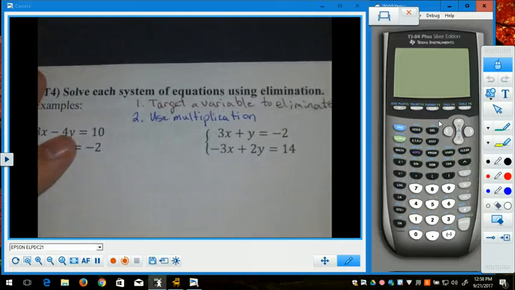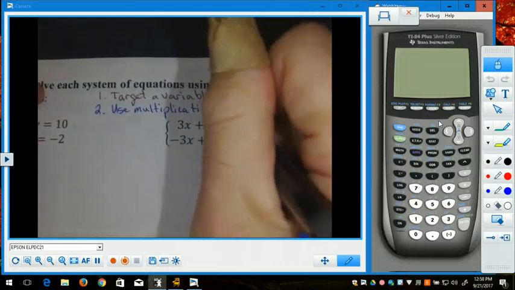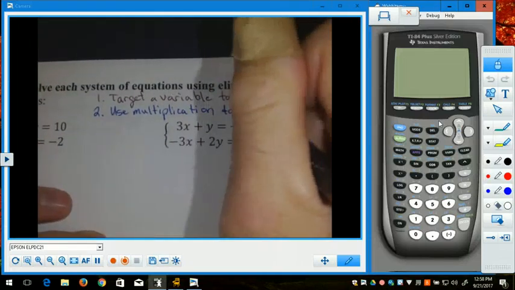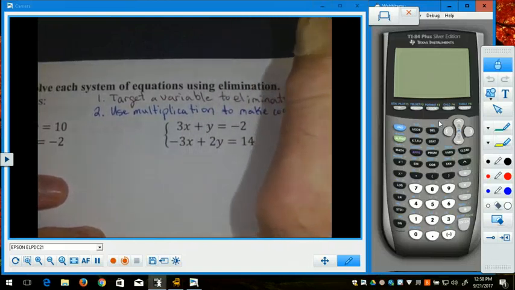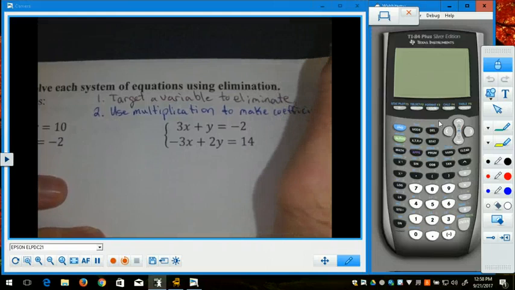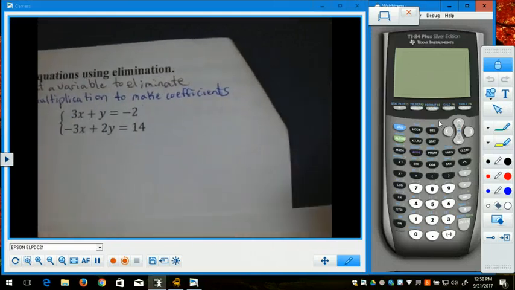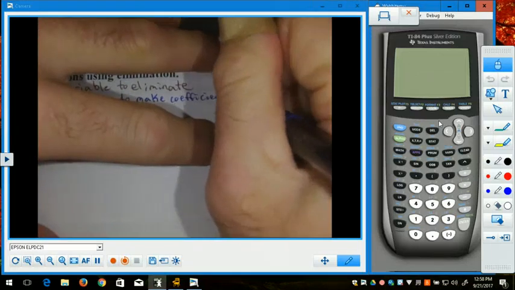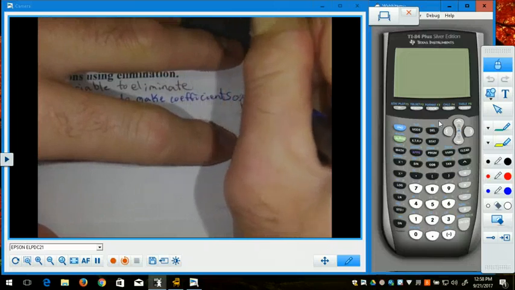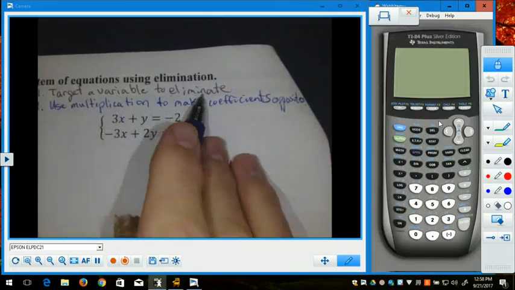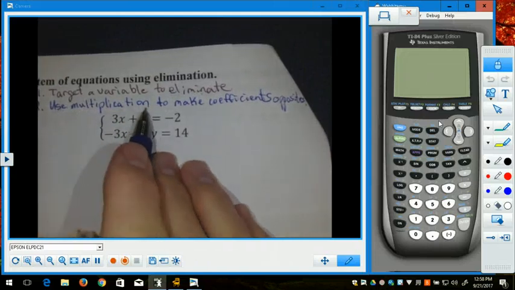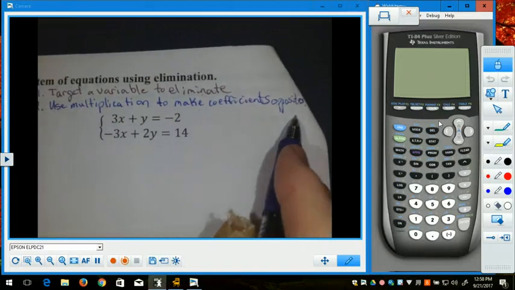We're going to use multiplication to make the coefficients opposites. So the first two steps: target a variable to eliminate and use multiplication to make coefficients opposites.